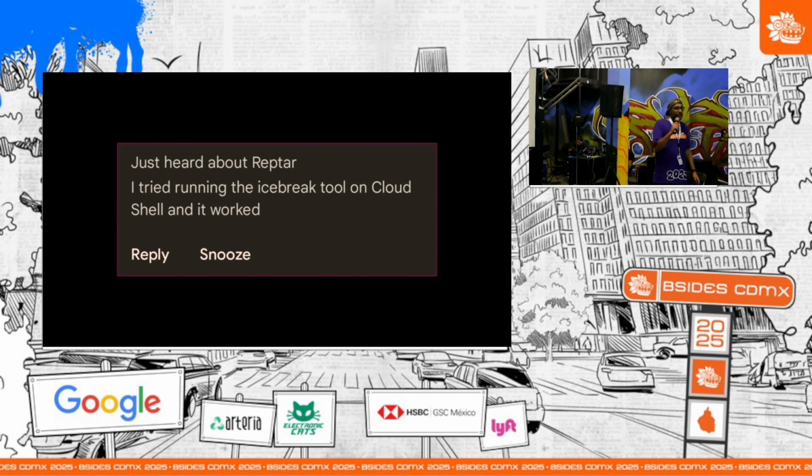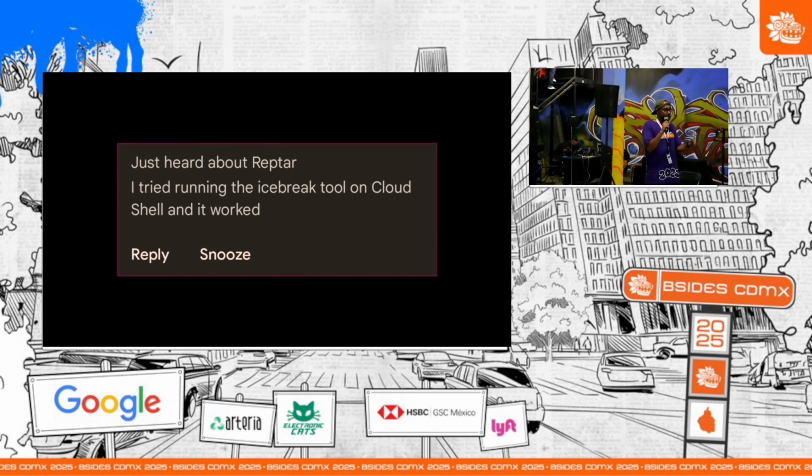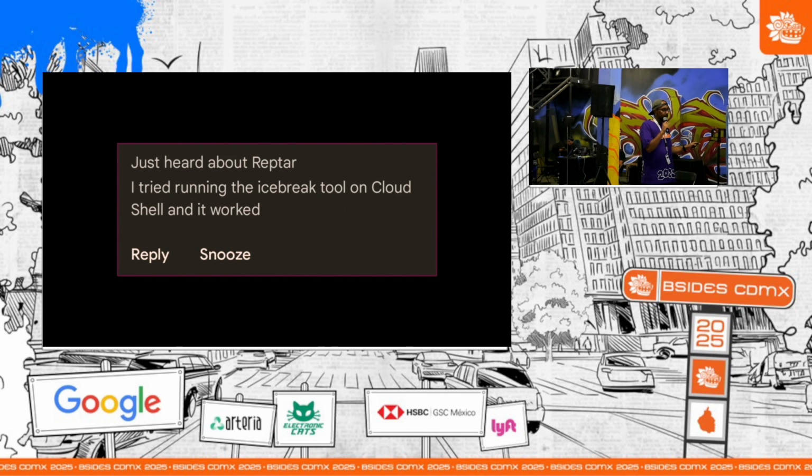So after we finished the response and we did publish the vulnerability and the world knows about it, we also published something called the Icebreak tool. The Icebreak tool is a program that you can run in your system and it will tell you if you're vulnerable.